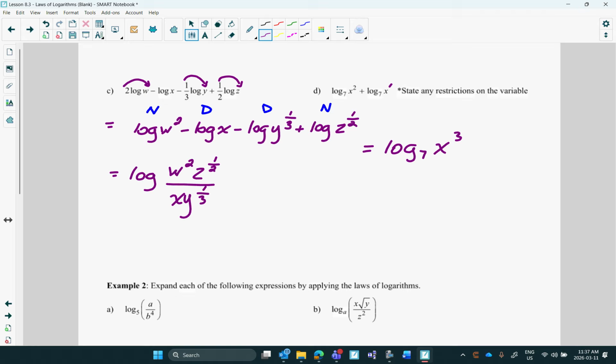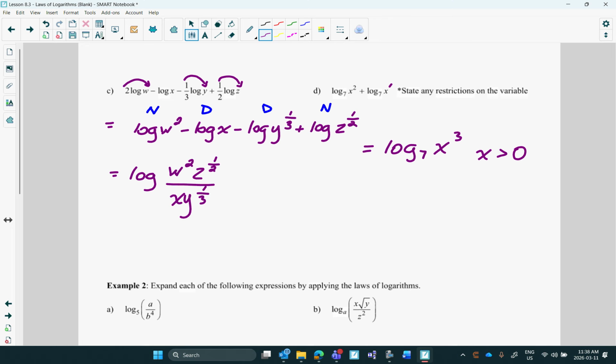Okay, I can never get lower than 1, or sorry, I can, they're fractions. 7 to the negative 1 is 1/7. 7 to the negative 2 is 1/49. But I'll never get to 0 or negatives. So when you're asked to state the restrictions on the variable, x has to be greater than 0. Okay, not greater than or equal to, greater than. But we'll talk about that more later on.